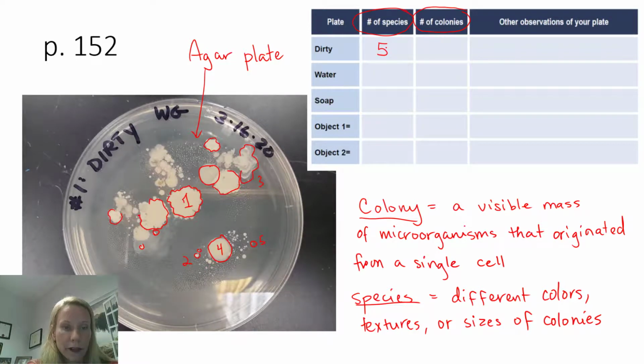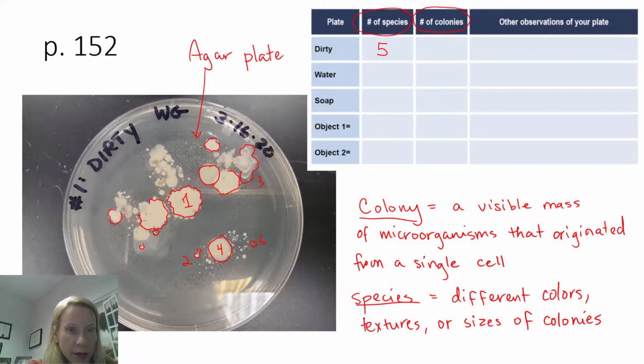Now, number of colonies. Wow, there's quite a lot there. We'd want to count each individual spot on here. Okay, and you can approximate that. Some of the plates you're going to see, there's a grouping of some of the colonies, like over here is a grouping where they sort of merge together.